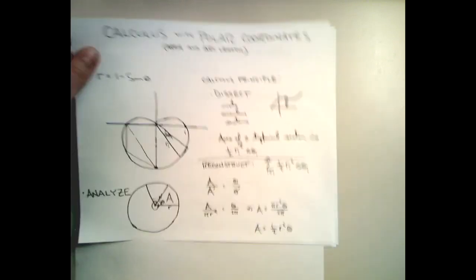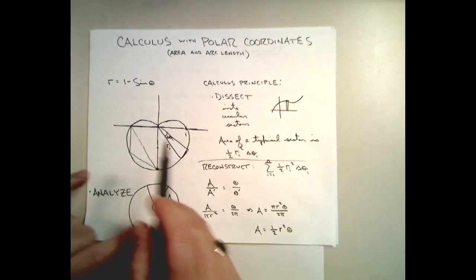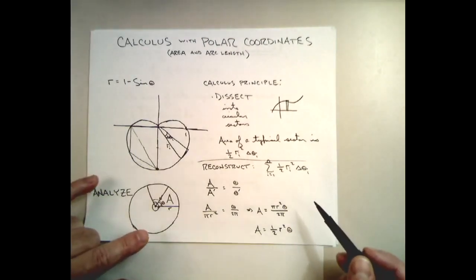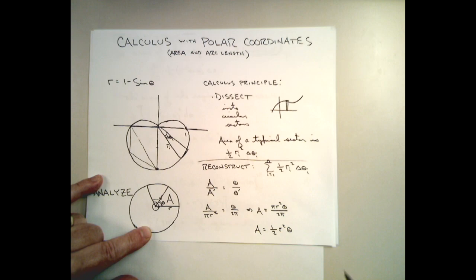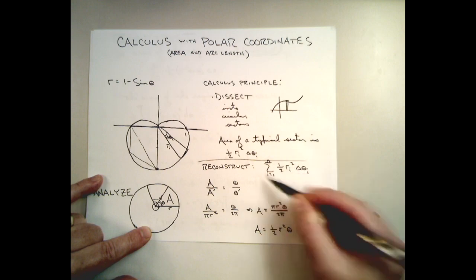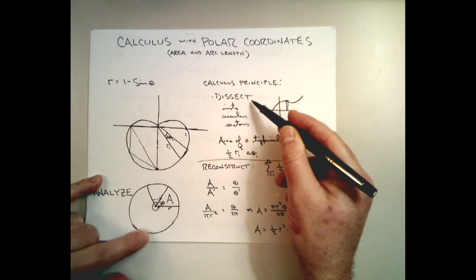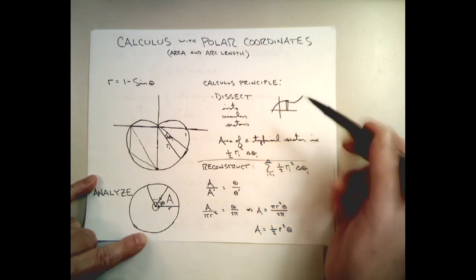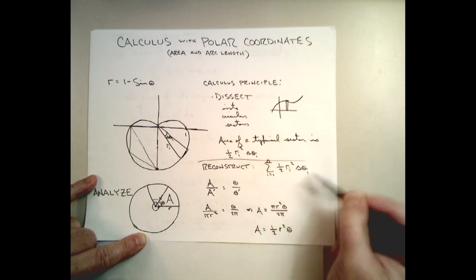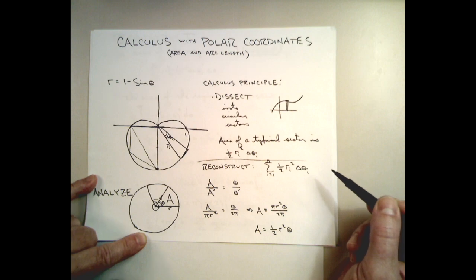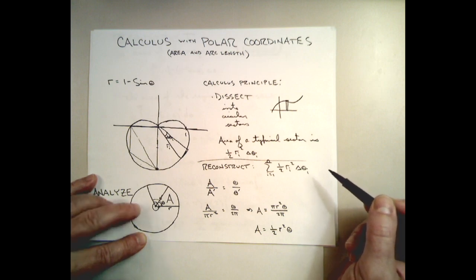Well, we saw that if we're going to calculate the area of a region given to us by a polar equation, we can begin by dissecting into circular sectors, and then by the fact that the area of a circular sector is given to us by 1/2 times the radius squared times the angle, we can build a Riemann sum, which gives us the approximate value of the area.